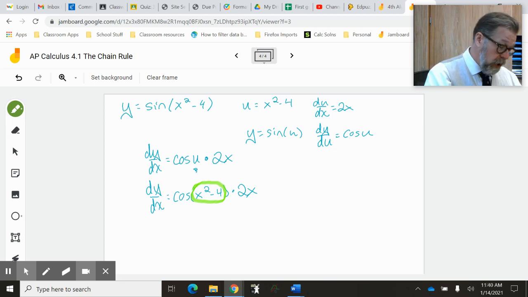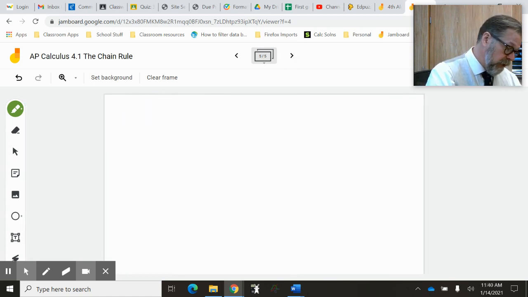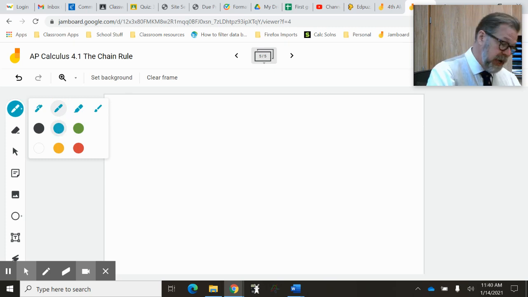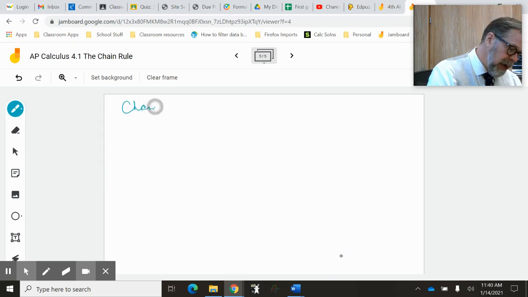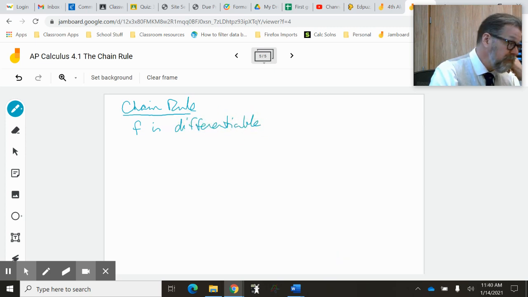All right, so let's officially define the chain rule. First of all, we need some caveats. The function f is differentiable at some other function.